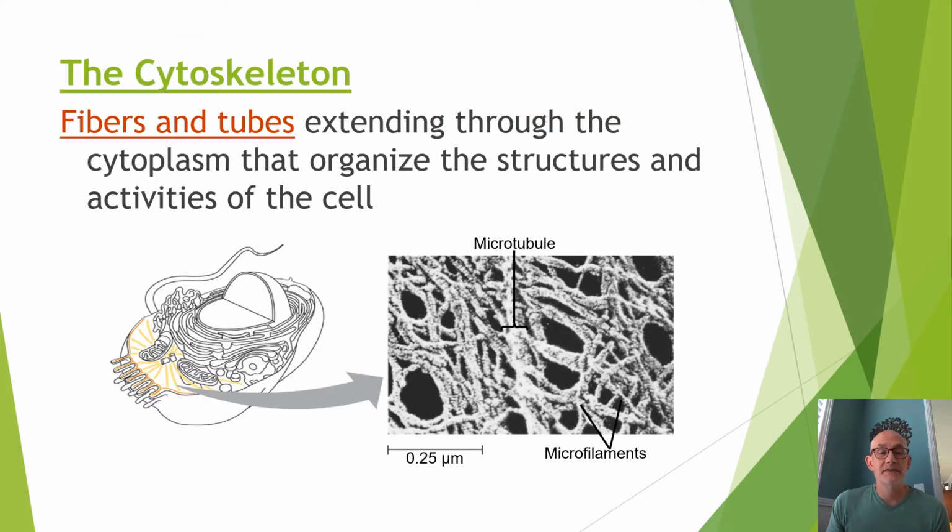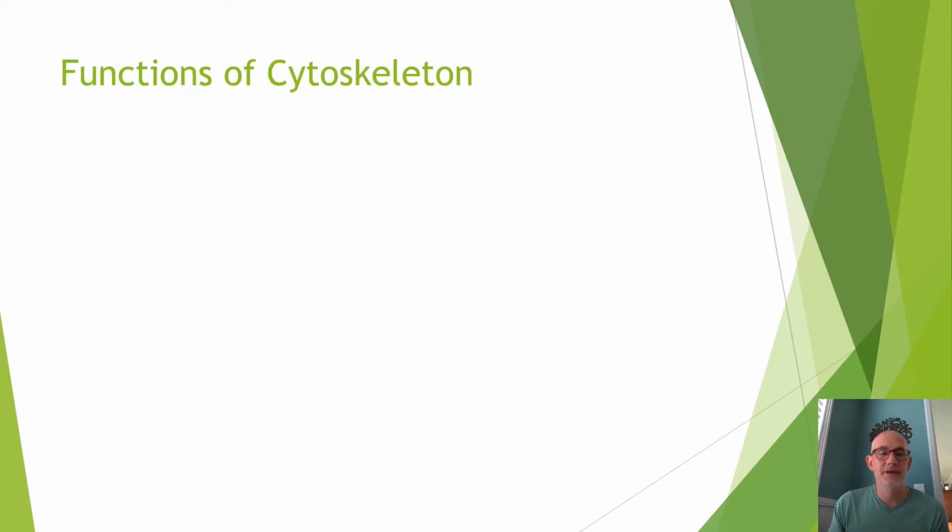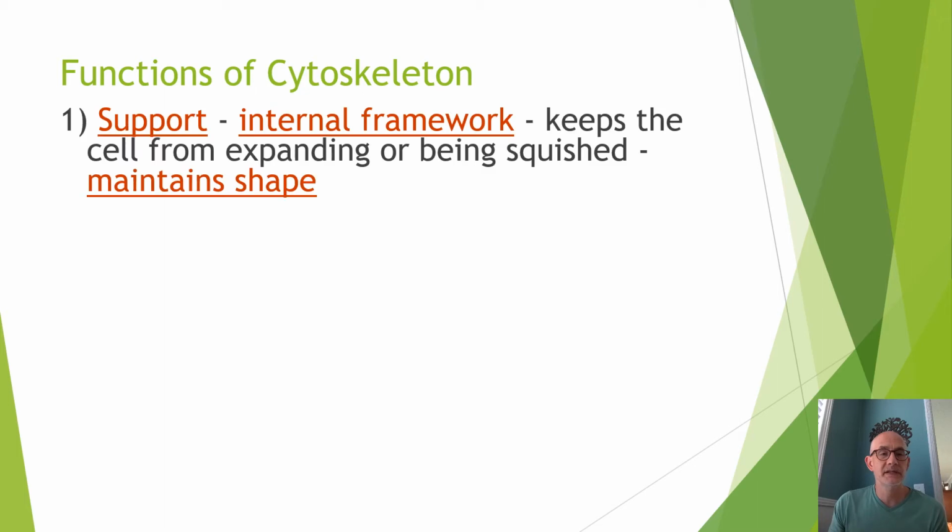All right, the cytoskeleton. This is the inner working of the cell. It's a bunch of fibers and tubes, has lots and lots of functions. One of the main functions of the cytoskeleton is to give the actual internal framework of the cell that gives it its shape. So muscle cells are long and stringy, nerve cells look like trees.